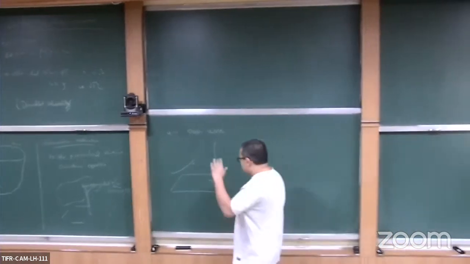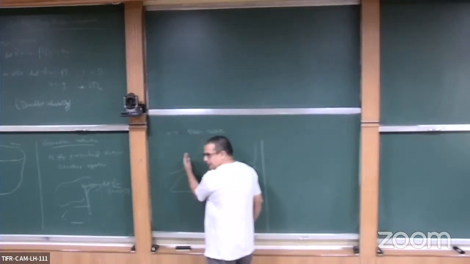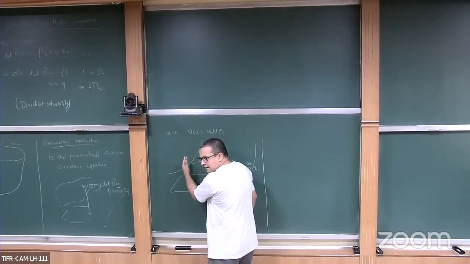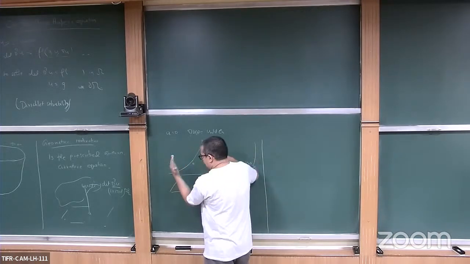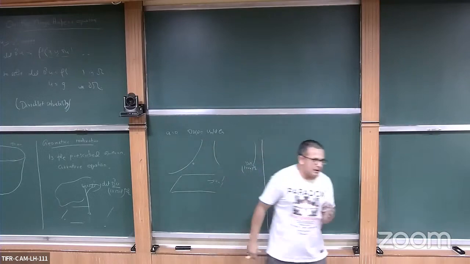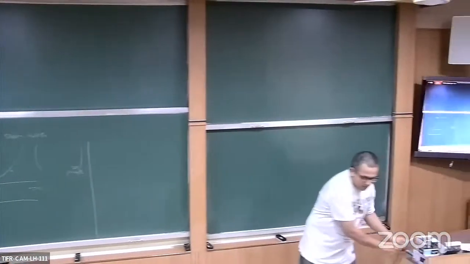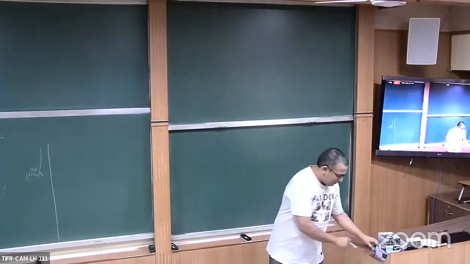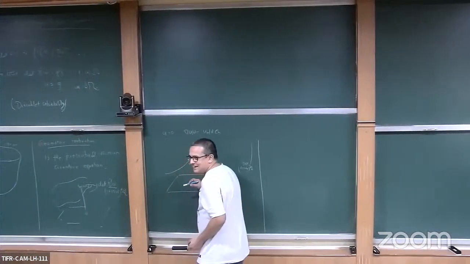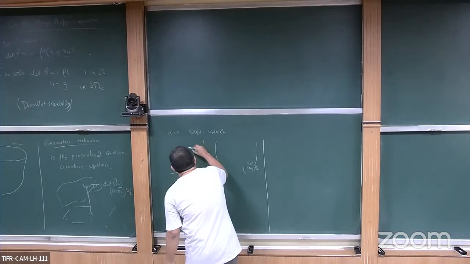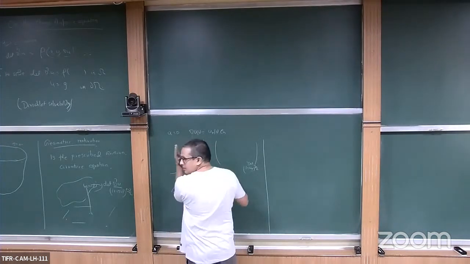Now I cut this by a plane along a certain cross section so that it hits this graph. I cut this by a vertical plane.